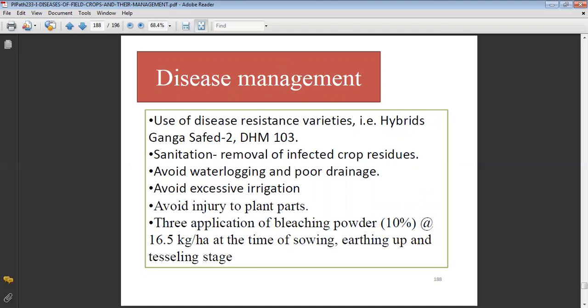We should also not use excessive irrigation. Injuries to plants, as already said before, will only spread the disease, so we have to avoid injury. Then three applications of 10% bleaching powder at the rate of 16.5 kg per hectare can be used at the time of sowing, earthing up, and tasseling stage.